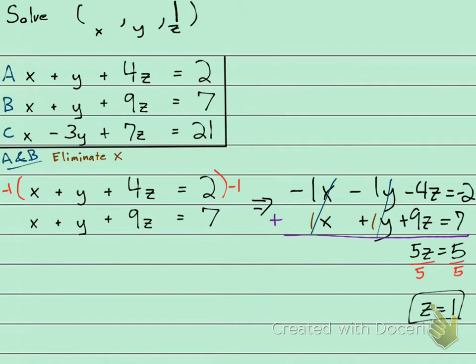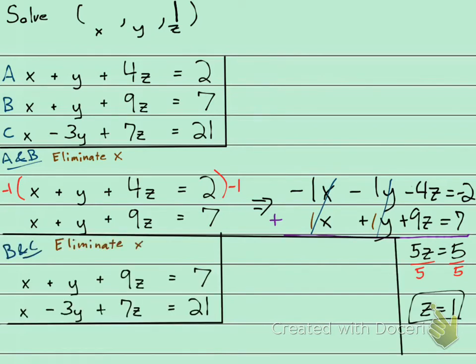Now let's put two of the other equations together, a different combination. Usually what will happen here is you'll get two unknowns, and then you have to put that together with the combination of two other equations, but this one gave me the z, so I'm good with that. Let's put these second two together.